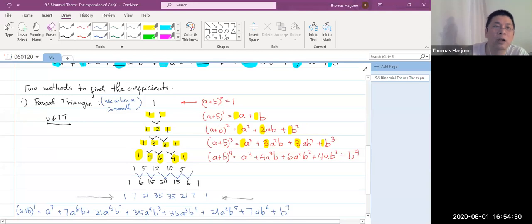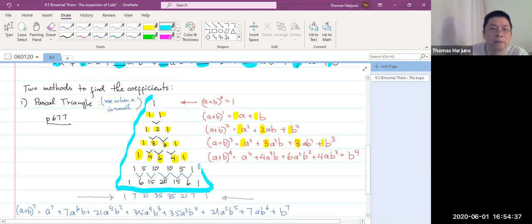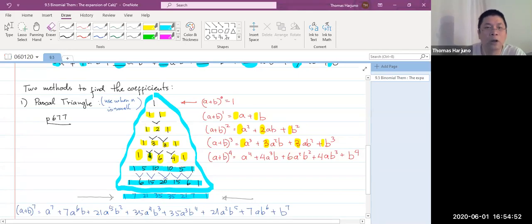Notice that this Pascal triangle is built recursively. What do I mean by recursively? It means for us to build the degree of 7, I need to get the degree 6 expansion first, and to get the degree 6 expansion, I need to get the 5th one, and so on and so forth.